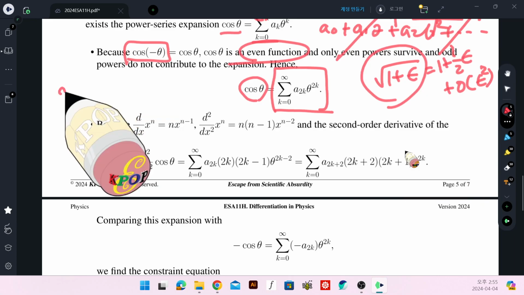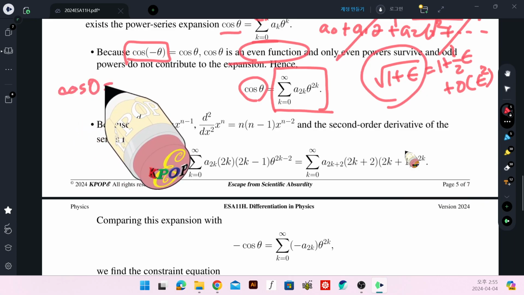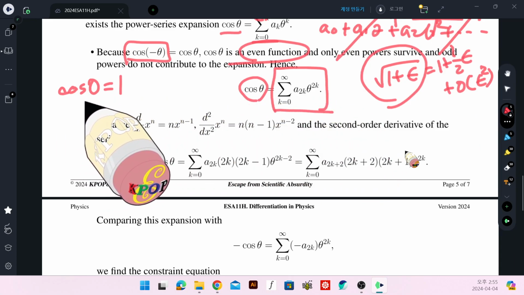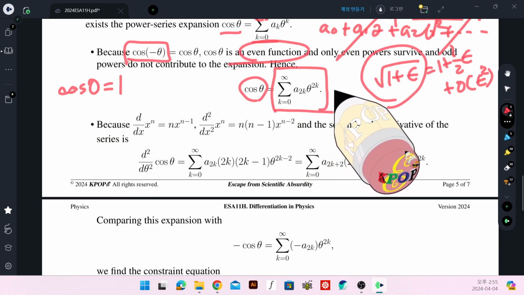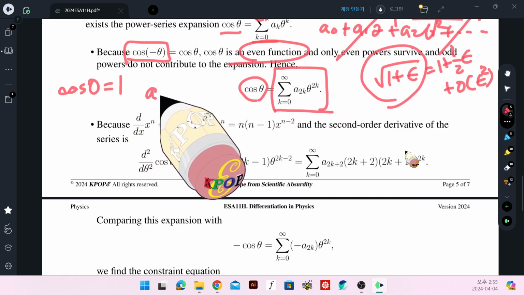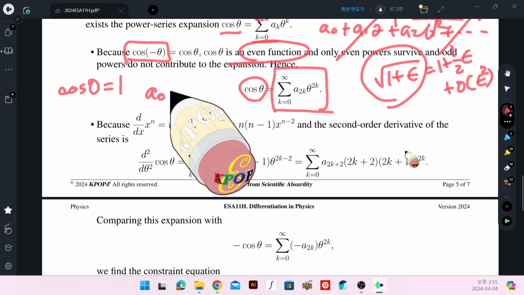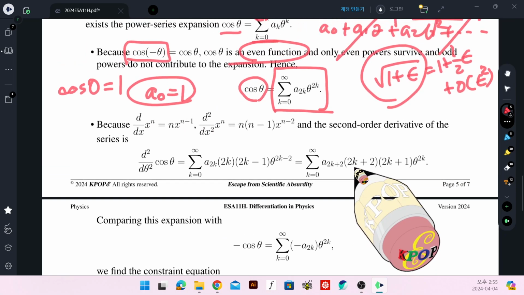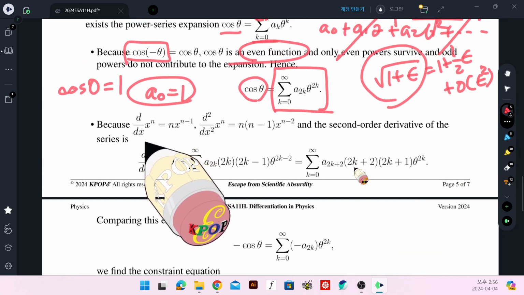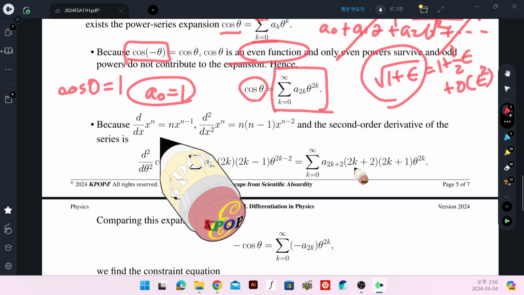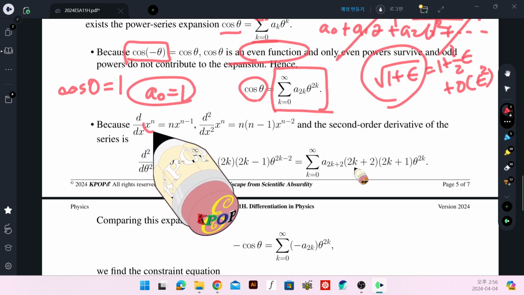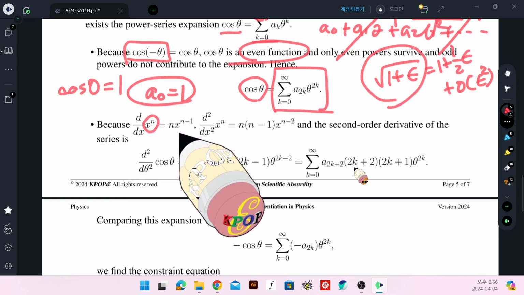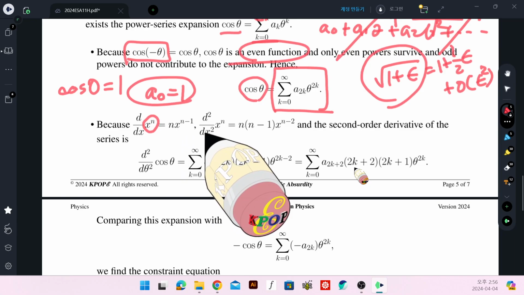Sure, because cosine 0 equals 1, we can determine the initial term by substituting theta equals 0. So the first coefficient, a0, must be 1. Now we can make use of the fact that for any positive integer n, the derivative of x to the n is n times x to the n minus 1.